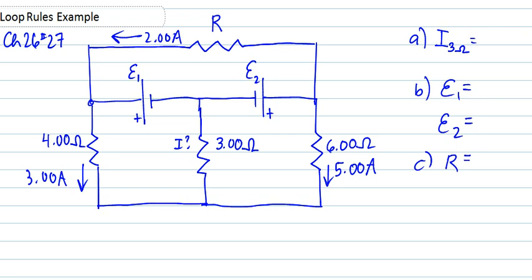Okay, so first, how about if we have a quick reminder of what the loop rules are? So from conservation of charge, we know that the current that goes into a junction is equal to the current that comes out of a junction, and it's a sum, so the sum of the currents. Then we know that the sum of the voltages in a loop is equal to 0.